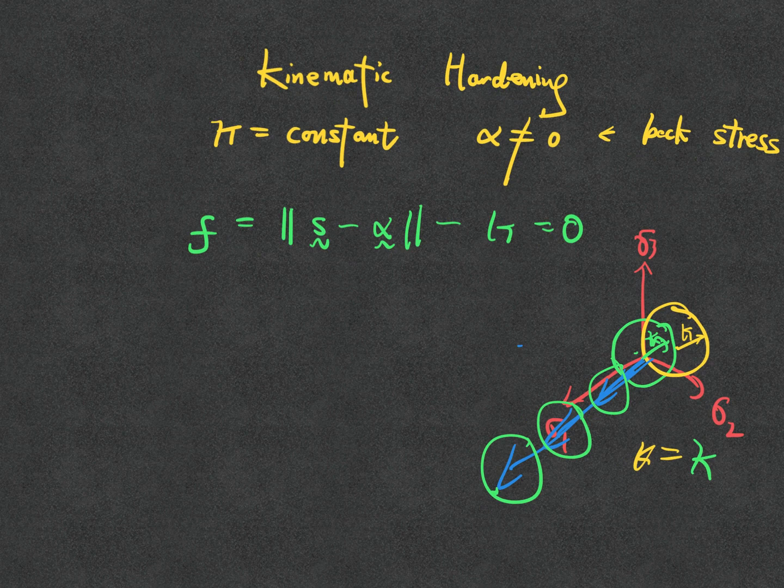So what happens is that the back stress and the deviatoric stress in J2 plasticity share a very important property, and that is the trace of the back stress is equal to the trace of the deviatoric stress, and they are both equal to 0 by definition. Okay, why do we want the back stress to have a trace equal to 0?